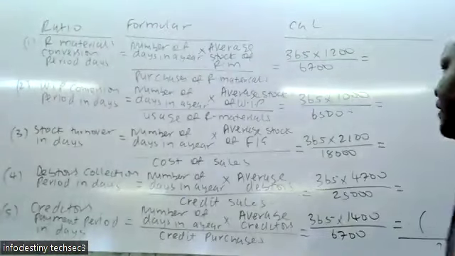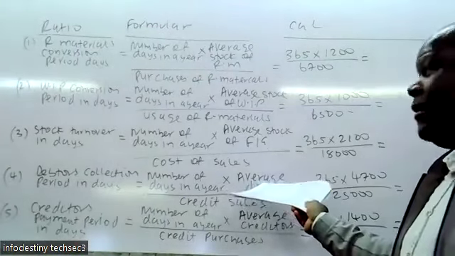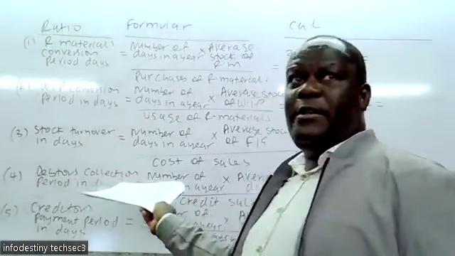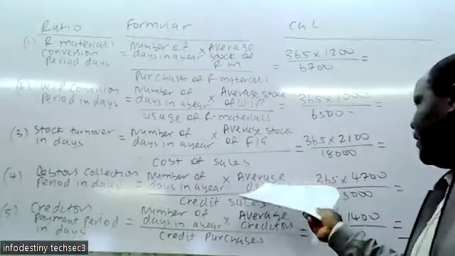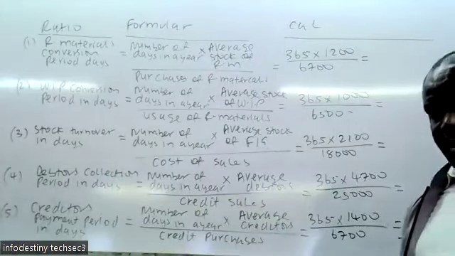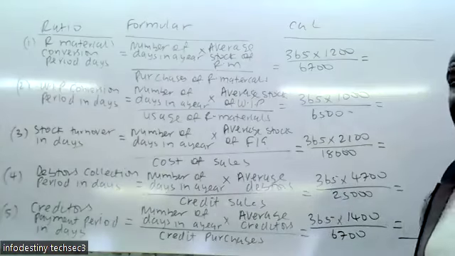So average debtors, you can see where we are using them. When we are computing the debtors collection period in days, we use average debtors at that point. So that figure that you are given as 48,000, we shall use it at that point.